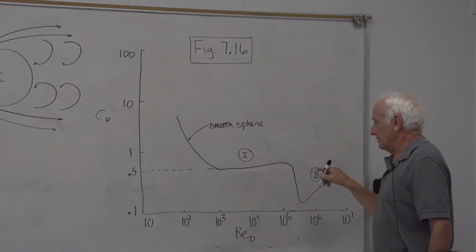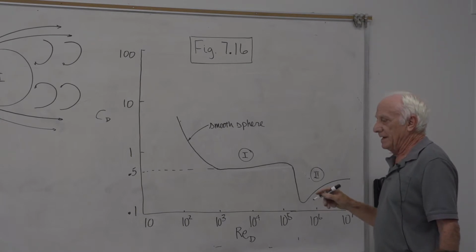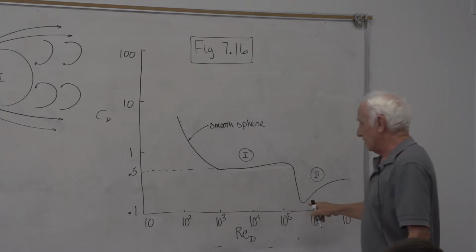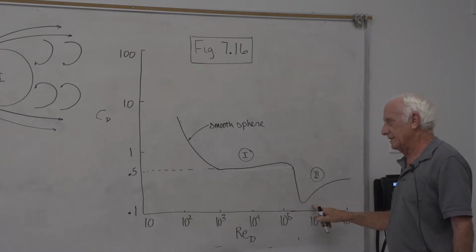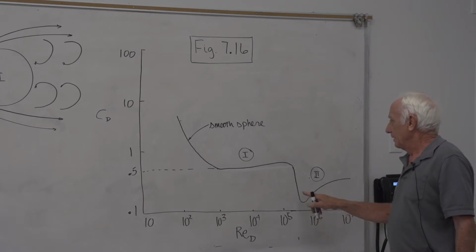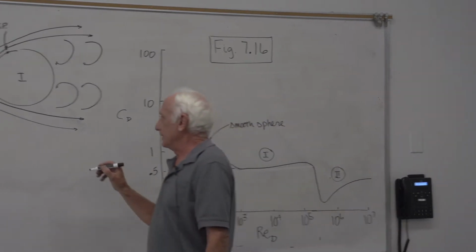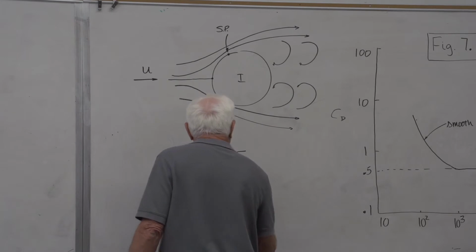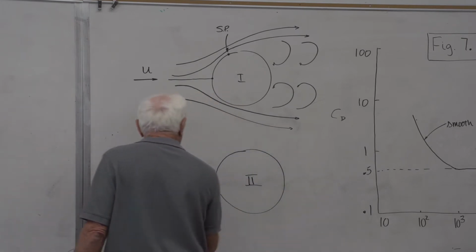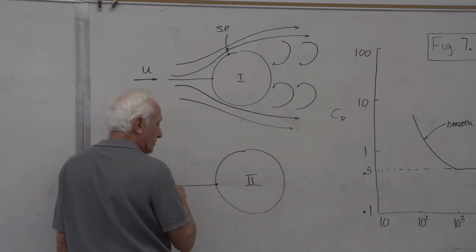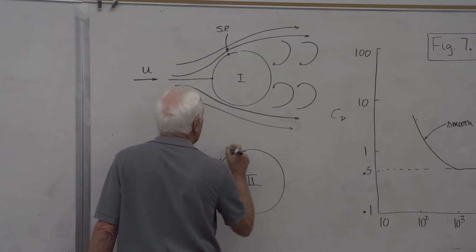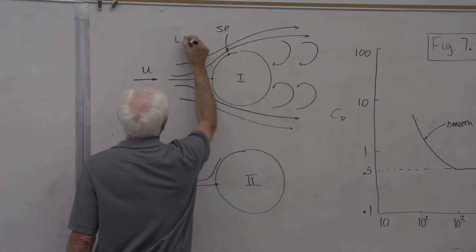Then what causes the drag coefficient to drop? And not just by 5 or 10%. No, look at 0.5 down to close to 0.1. That's a significant drop in C sub D. Okay. Well, region 2, here's the second picture. At a certain Reynolds number, something happens to the flow. The flow starts out with a boundary layer, and this is a laminar boundary layer.